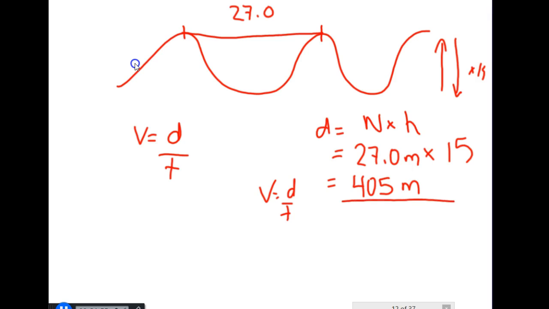Your time is 24.0 seconds. It's just another way to do it. Do the calculation, and you get exactly the same number. That's the first step.